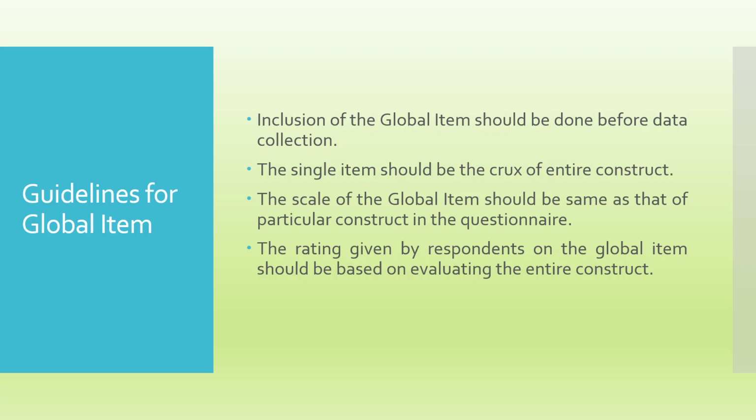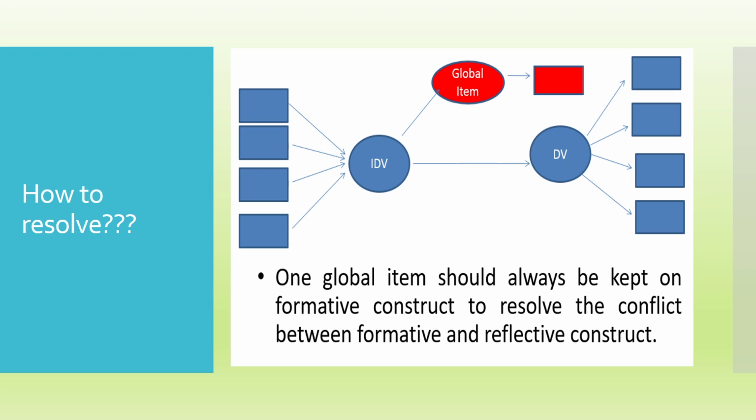The scale of the global item should be the same as that of the particular construct in the questionnaire. The rating given by the respondents on the global item should be based on evaluating the entire construct. So if there are 5 constructs, then there should be 5 global items. Let us understand this.